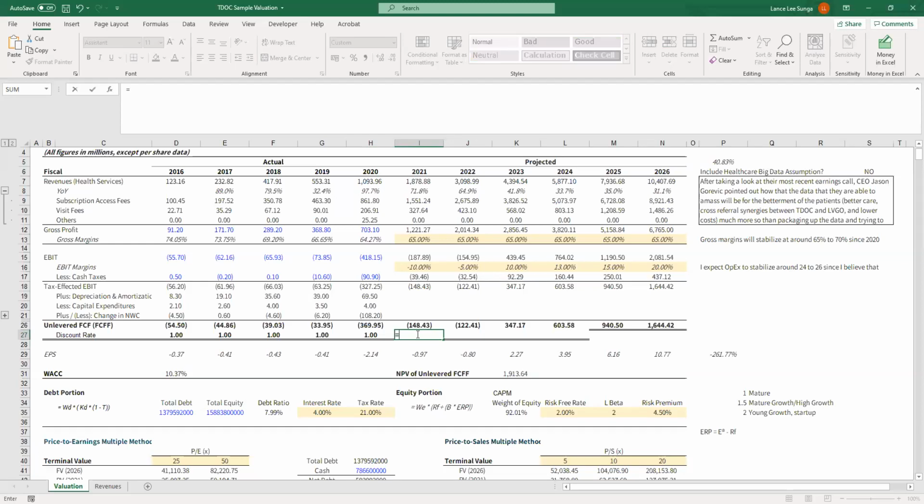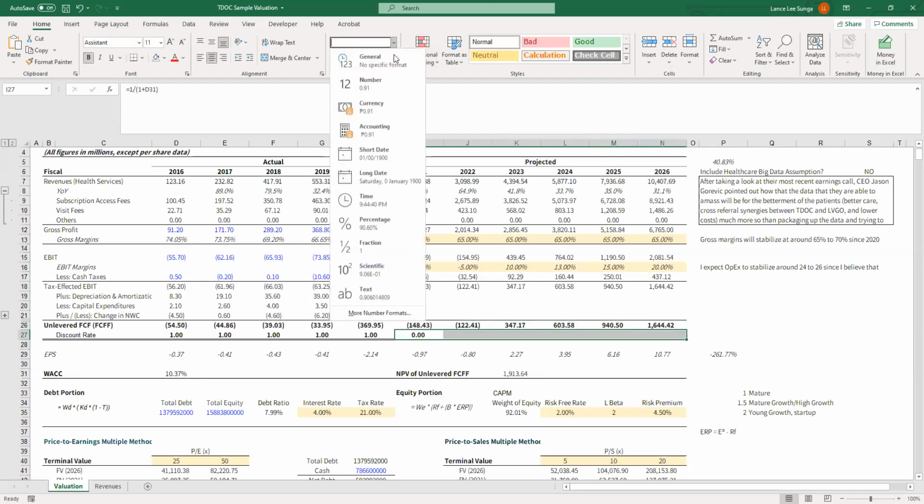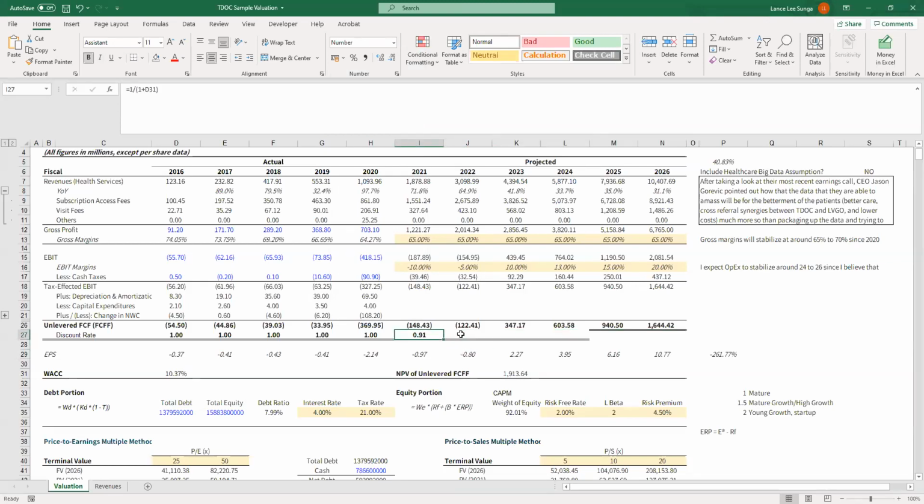And then the projected would be 1 over 1 plus the WACC. That would be your discount rate.